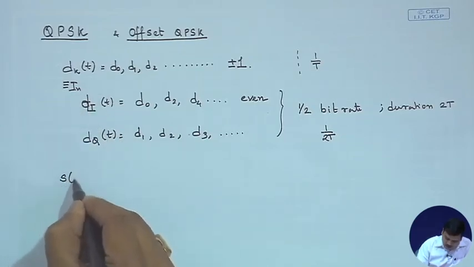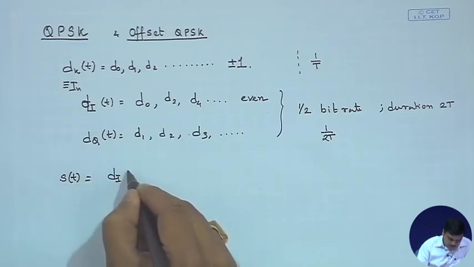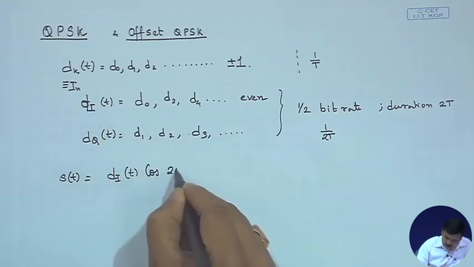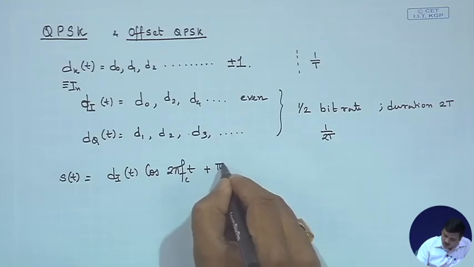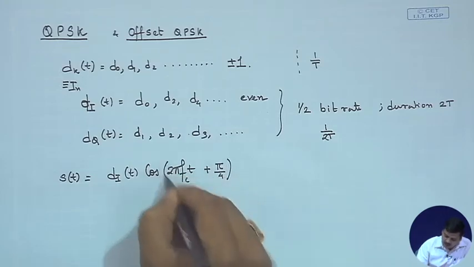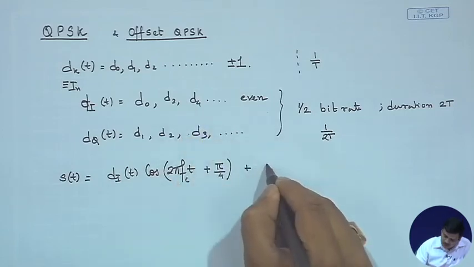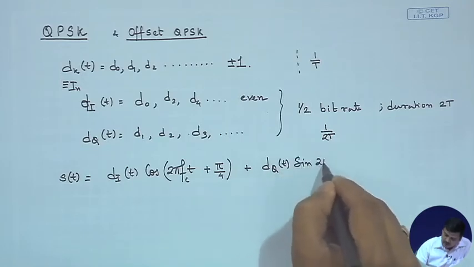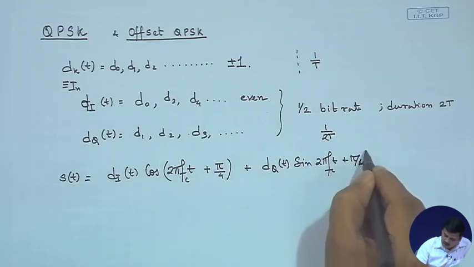So, we could write s(t) is equal to d_I(t), that means this one, times cos(2 pi f_c t plus some phase factor), and in one of the representations there could be an offset. Offset means you could be rotating it, and you could have d_Q(t) times sin(2 pi f_c t plus pi by 4).